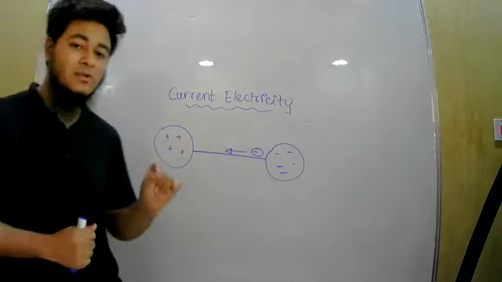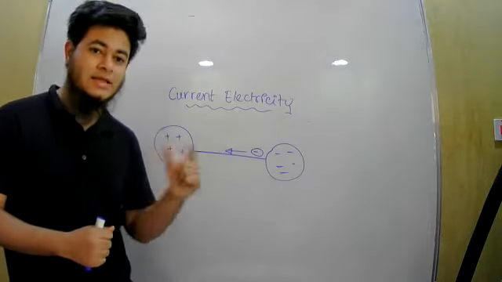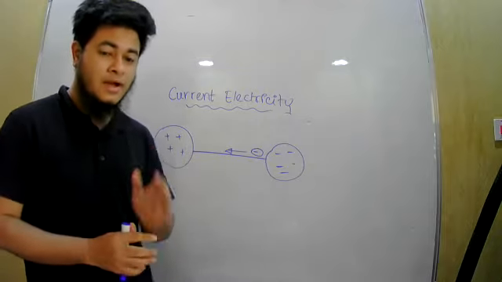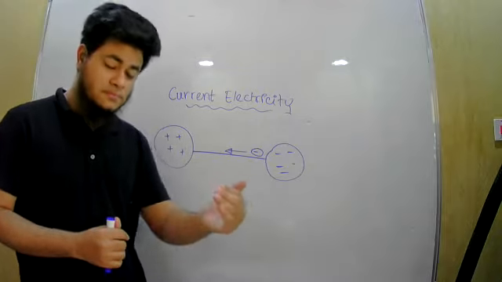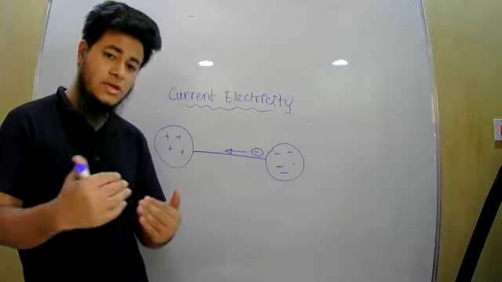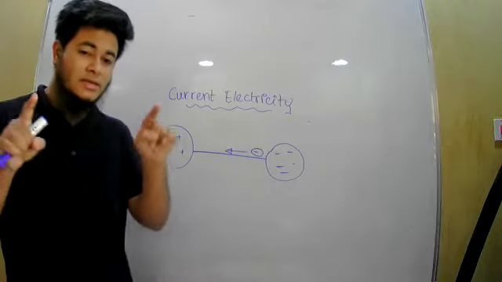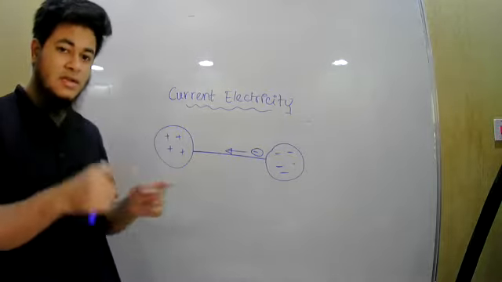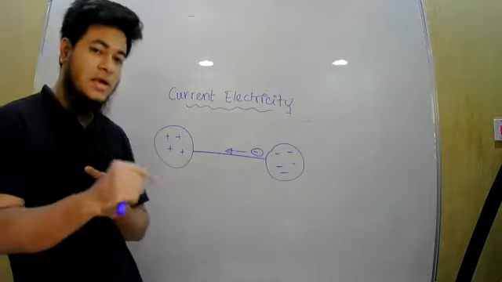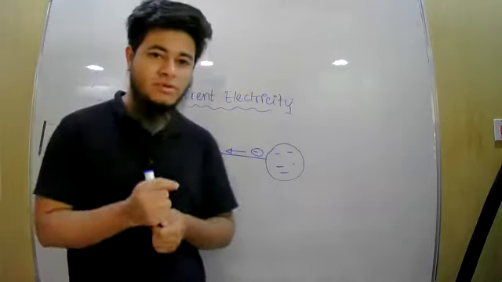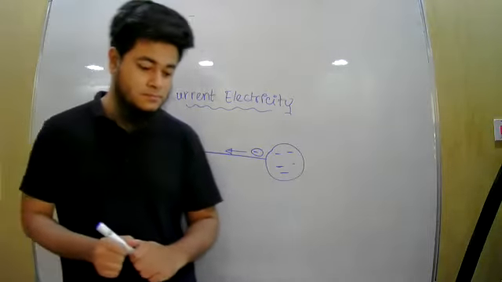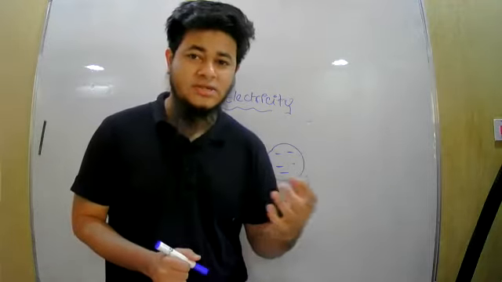So this current will flow until there is potential difference, or until the potential difference becomes zero. Just like till the temperature difference was there, heat was flowing. Here, till the potential difference is there, the current will be flowing. Please always remember, this is a very important MCQ: what causes the current flow?